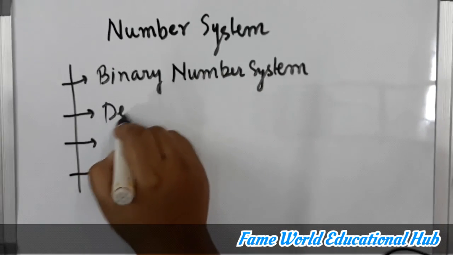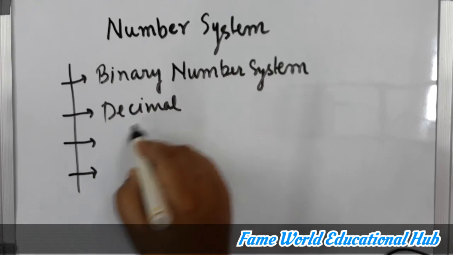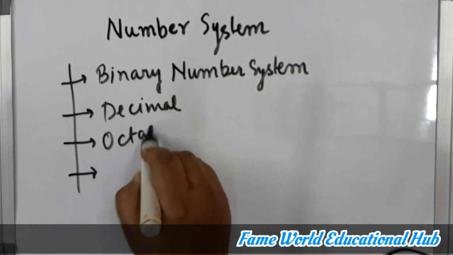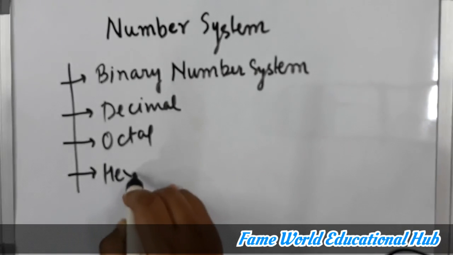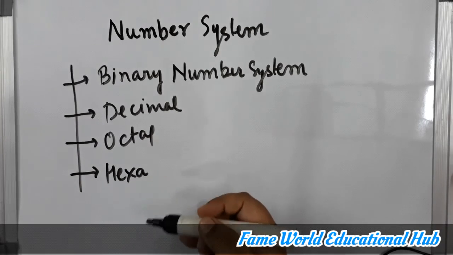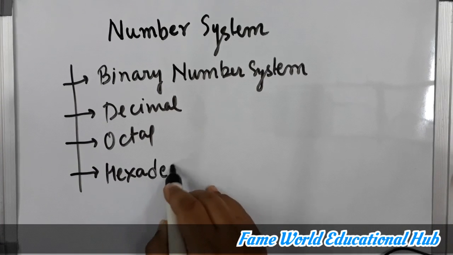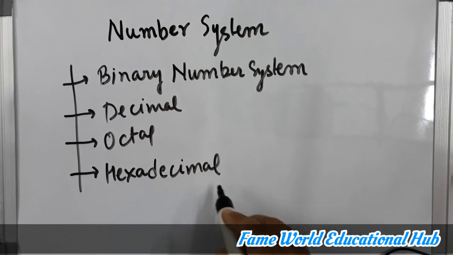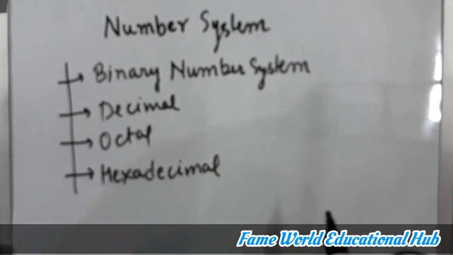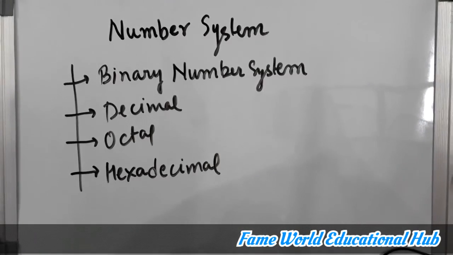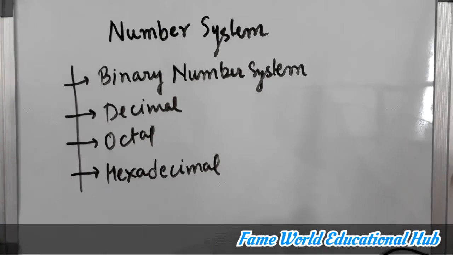Then comes the decimal number system, then octal and hexadecimal. The order is not important, but there are four kinds of number system: decimal, binary, octal and hexadecimal.